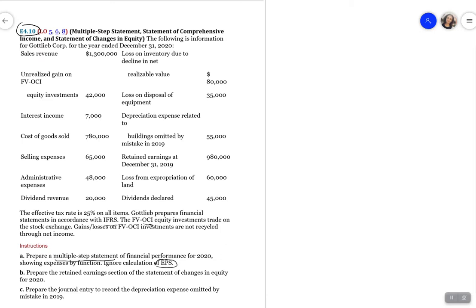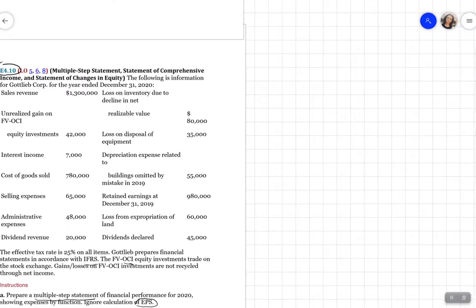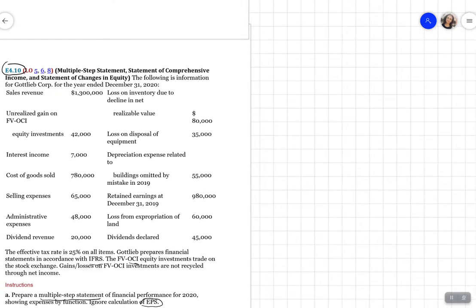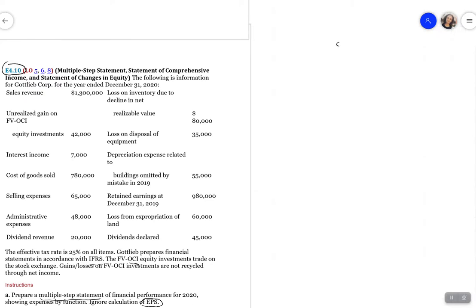So when we start with the multi-step income statement, of course, we start with the name of the company. In this case, the name of the company is Gotilab Corporation. And what are we preparing? A statement of financial performance.